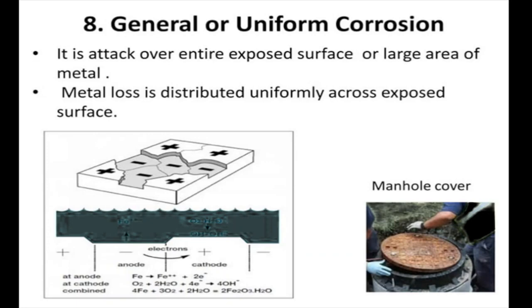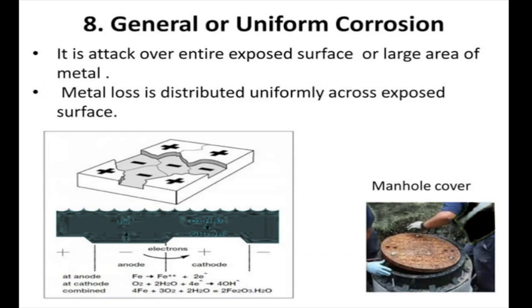At the anode, when in saline or electrolyte medium, iron, Fe, will create Fe++ and 2 electrons will be eliminated. And at the cathode, oxygen will react with 2 molecules of water and 4 free electrons to create 4 OH minus radicals.